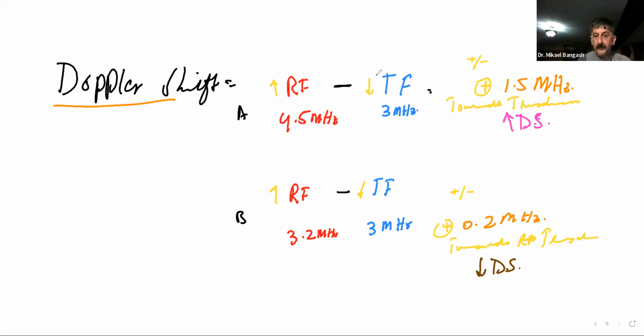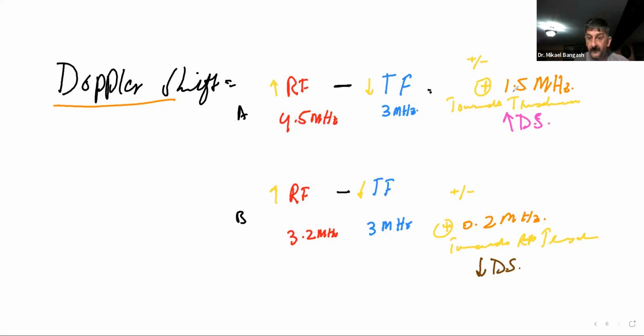But in example A, the difference between the two frequencies was greater compared to example B, where the difference was lesser. Which mainly means that here the red blood cell is moving towards the transducer, giving us a positive Doppler shift.